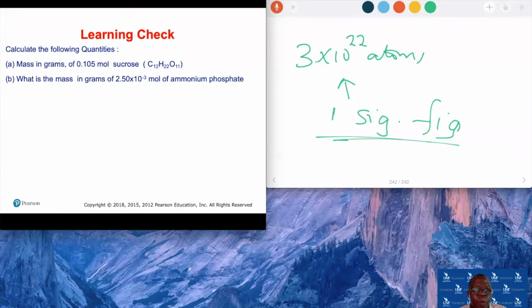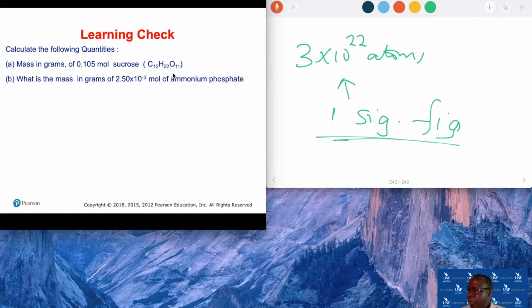Calculate the following quantities. A mass in grams of 0.105 moles of sucrose. In this case, you are not given the molar mass of sucrose. I know some of you, if it was a homework assignment, you'll just Google the molar mass and write down the formula.